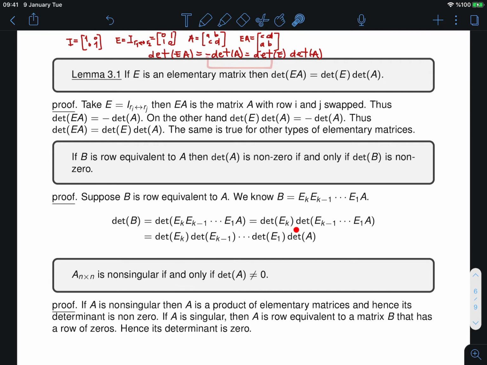Now I can repeat this procedure for E(K minus 1) and so on, till E1, and I get this identity. Now I know that none of these elementary matrices have zero determinant. We have seen this in the previous slide.